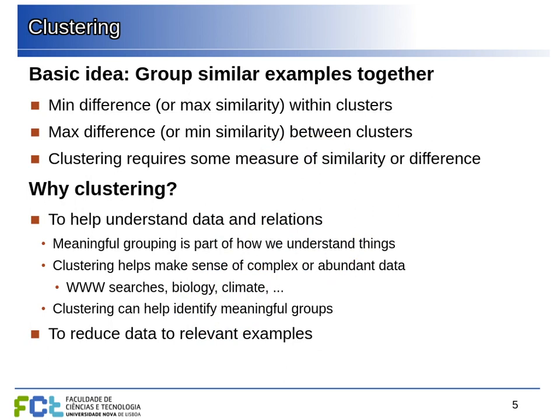So what we need is to find the smallest difference or the largest similarity within clusters, and to maximize the difference or minimize similarity between different clusters, so that things that are closer together, more similar or less different, go inside the same clusters, and things that are more different go into different clusters. So clustering requires some measure of similarity or difference, either one can work, but that we can then use to try to organize the examples.